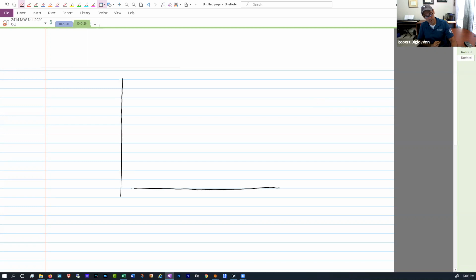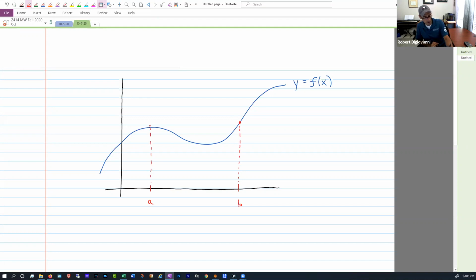We're going to attack just an arbitrary function. So we're just going to take some function, y equals f of x, and we're going to ask ourselves, is it possible for us to, let's say, start at some point A, end at some point B, and calculate the area below this curve?